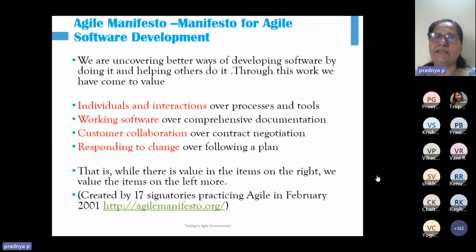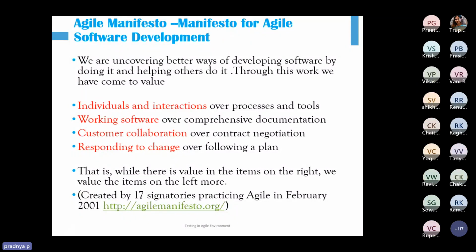All these 17 signatories were working on different agile practices, and then they published this manifesto which talks about the values of the entire agile methodology. It talks about how individuals and interactions are important, how working software is important, how collaborating with the customer is important, how responding to change is important. So it is a new, better way of developing software.